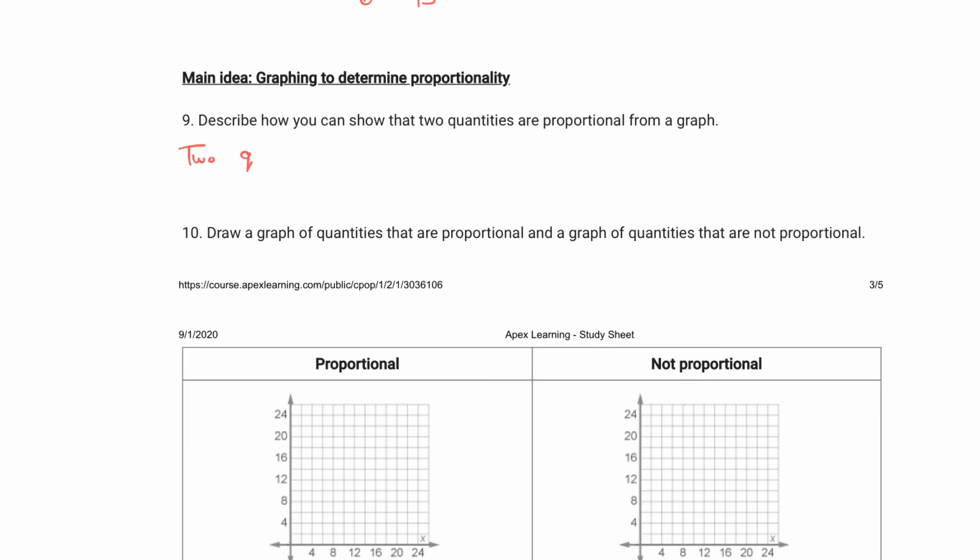Two quantities are proportional if their points make a straight line, if their points make a straight line that goes through the origin.